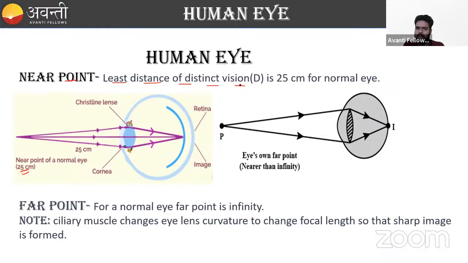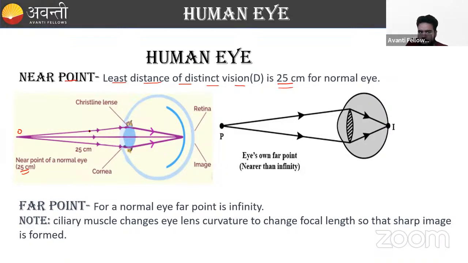It means we can distinguish, we can differentiate an object at that distance from our eye, and this distance is normally taken for a human as 25 centimeters. So if we consider that the object is placed at the near point, the least distance of distinct vision, what will happen?